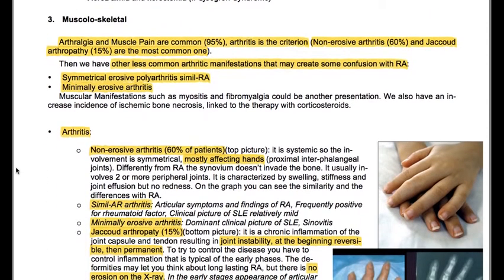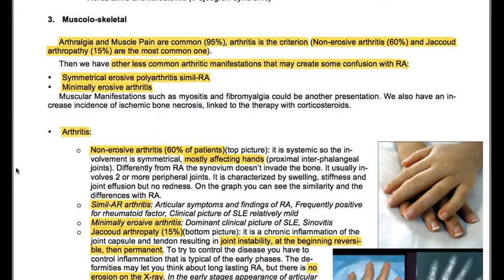We have symmetrical erosive polyarthritis similar to rheumatoid arthritis and minimally erosive arthritis. Muscular manifestations such as myositis and fibromyalgia could be another presentation. We also have an increased incidence of ischemic bone necrosis linked to the therapy with corticosteroids.